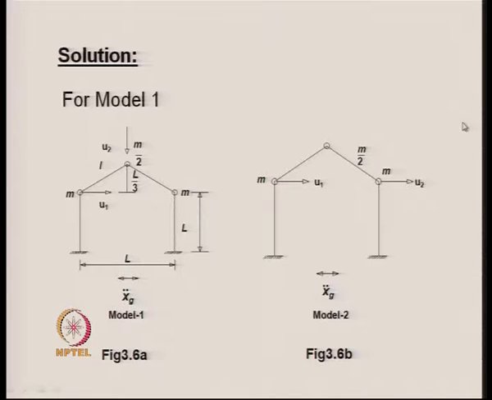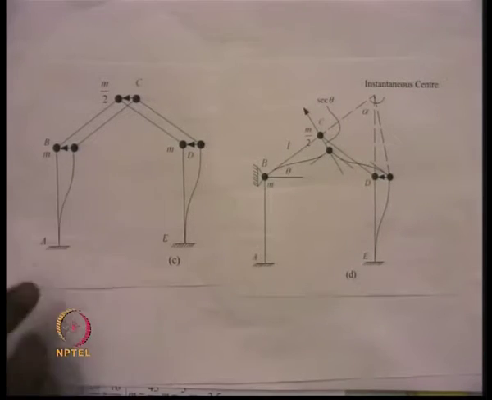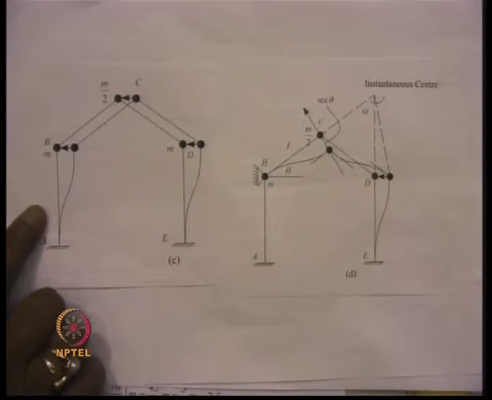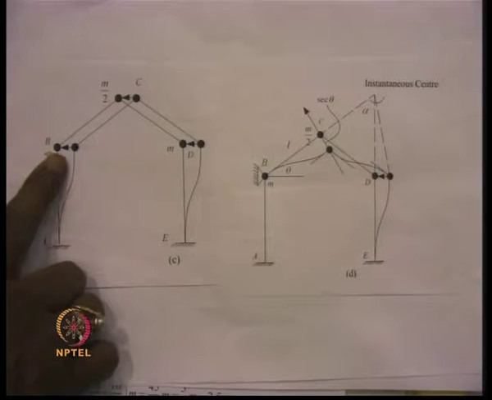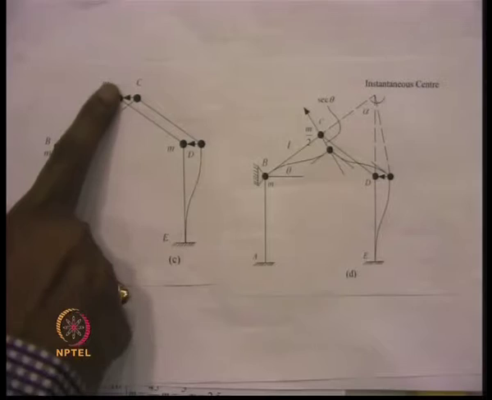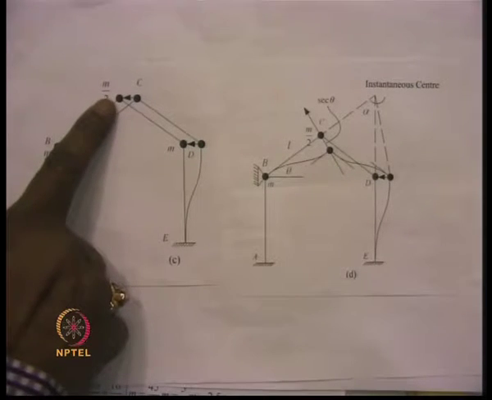For deriving the mass matrix for these two cases, let us consider this figure. In this figure, we have the frame, and in this frame we give a unit displacement at this point, locking the vertical movement of this particular point.